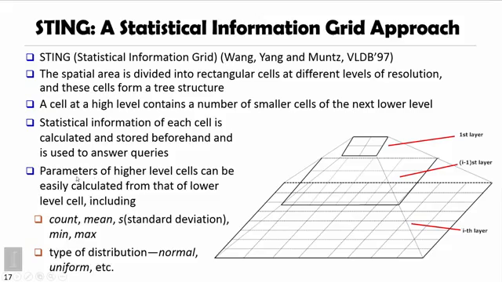The parameters include a bunch of statistical information, including the number of points in the cell, which is a count. Then their mean, their standard deviation, the minimum value, the maximum value, and also the type of distribution. For example, whether these points form a normal distribution or uniform distribution or other kinds of distributions.